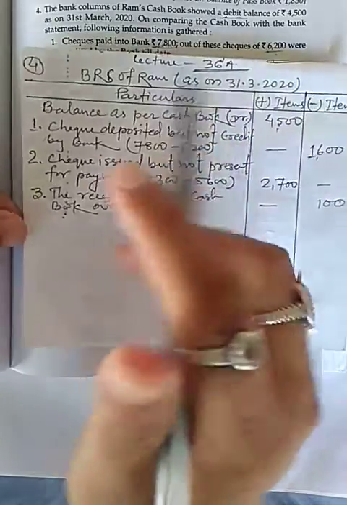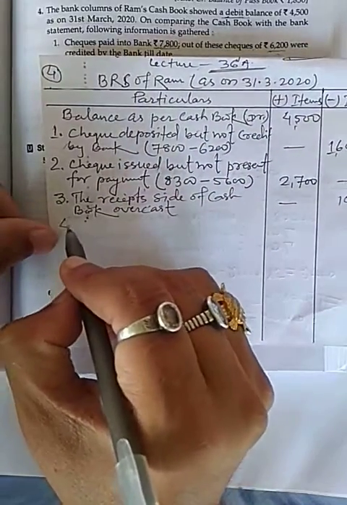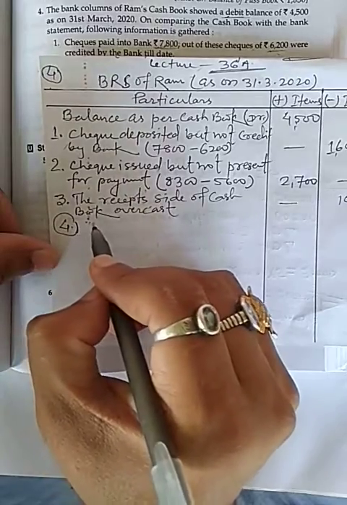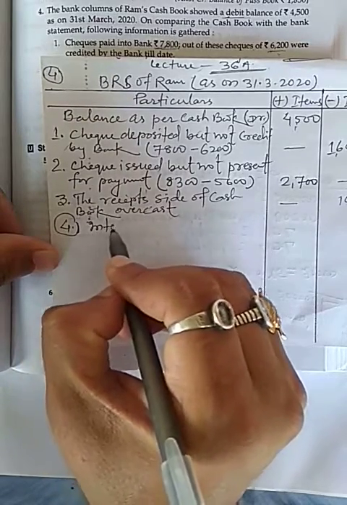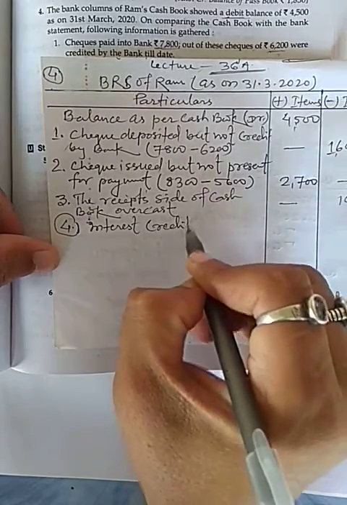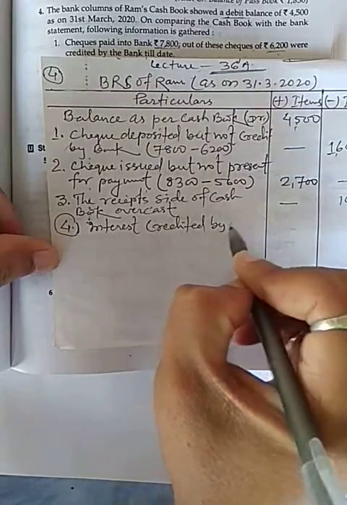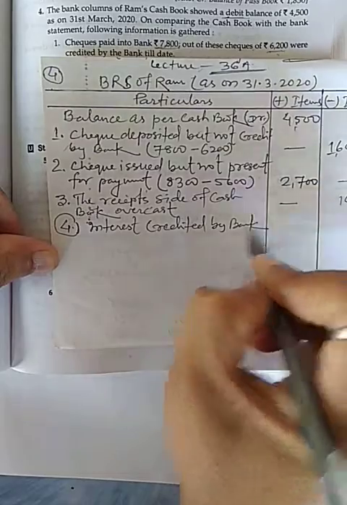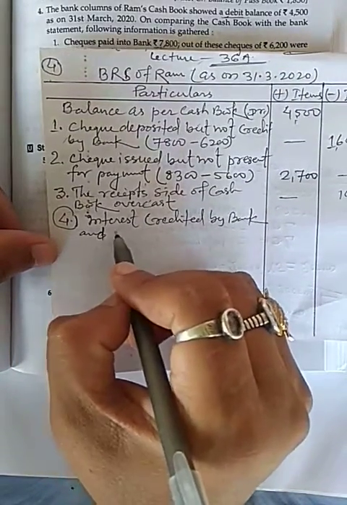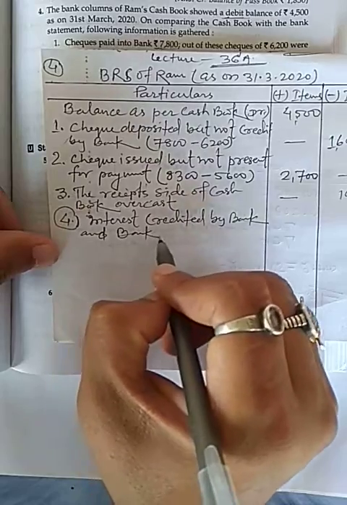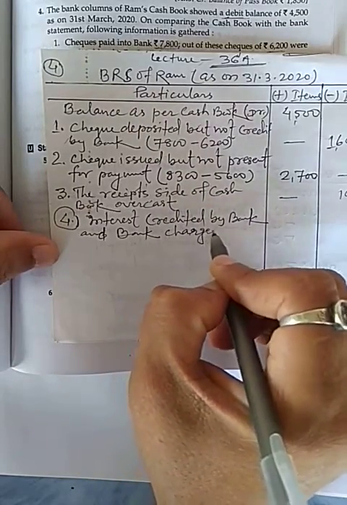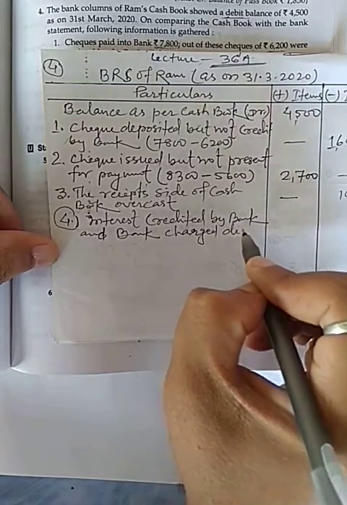So I will write in fourth statement, interest credited by bank and bank charged debited.